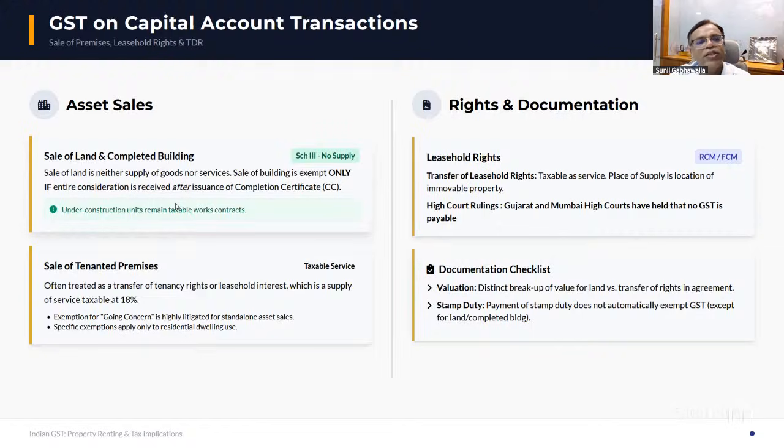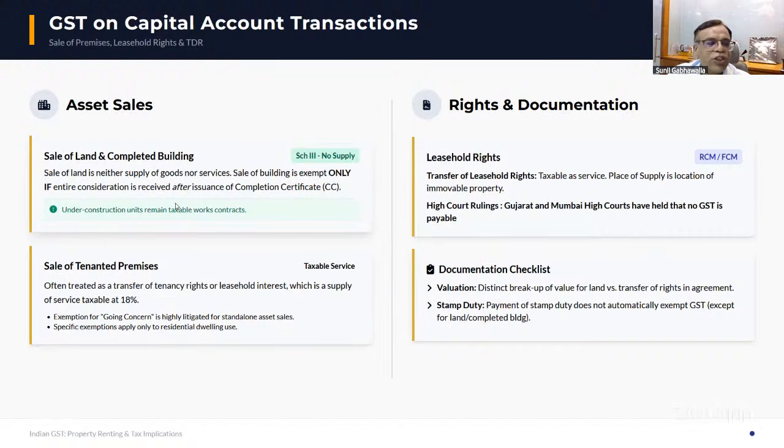The larger litigation is coming in a situation where the state industrial development corporations allot plots of land on long-term lease for setting up industries. The person who has been allotted the land would then construct a factory on that land and use it for many years, and at some point, business reality might require that he sells this property and moves out.